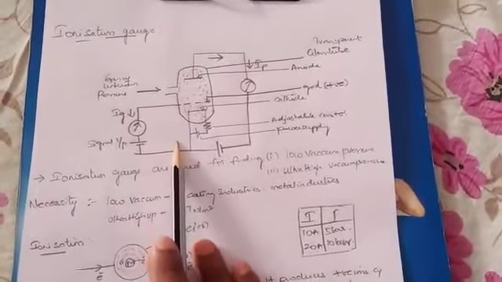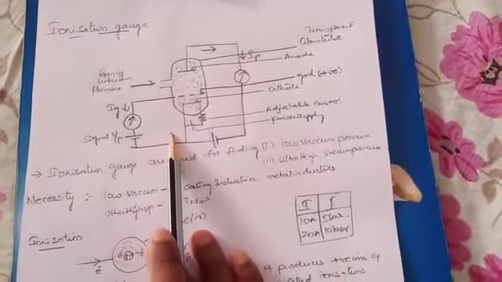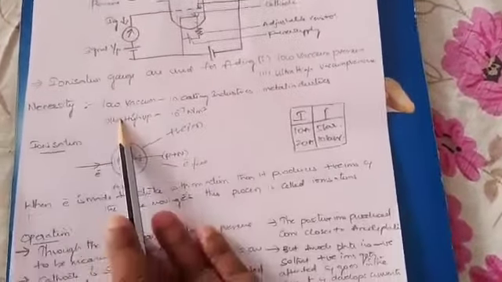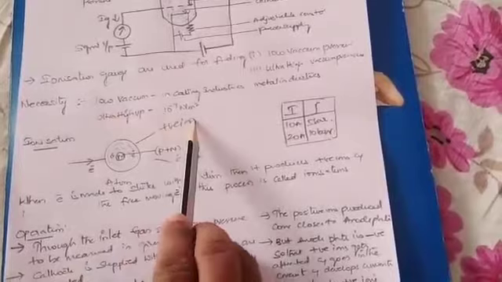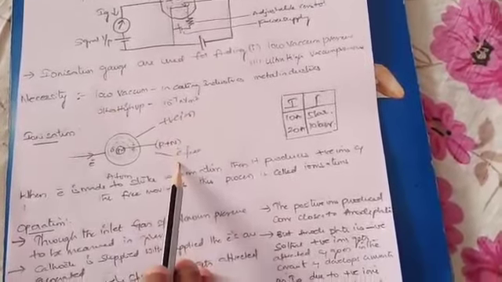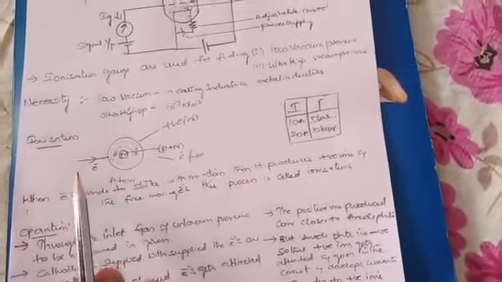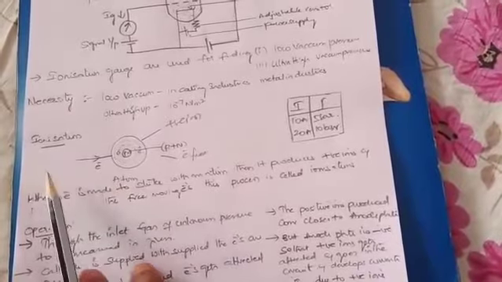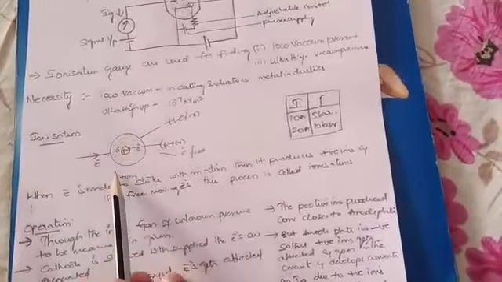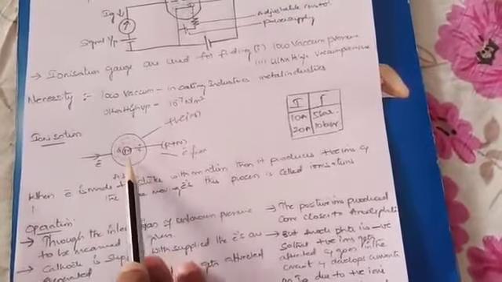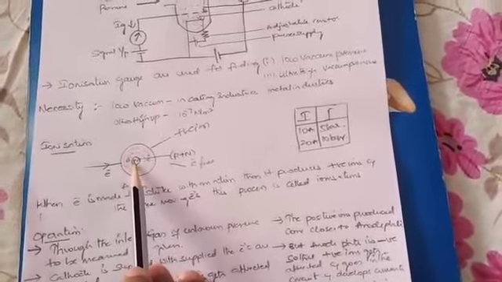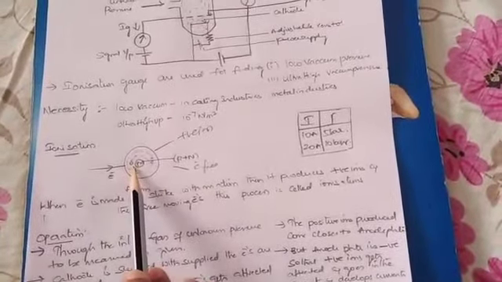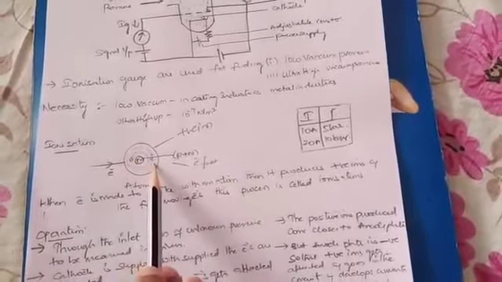Before going to the working, let us see the principle of ionization. So what is ionization? Ionization is a process of generating a positive ion as well as a free moving electron. How is this produced? Whenever an electron is made to strike an atom. You know what an atom is? An atom is the smallest particle which exists in nature, consisting of protons and neutrons at the center of the nucleus and free moving electrons in the orbits.